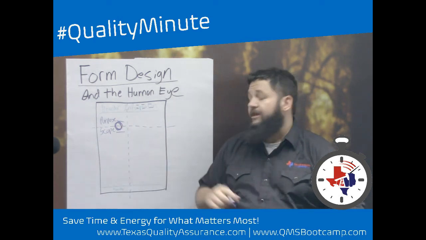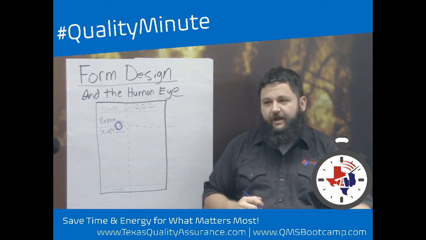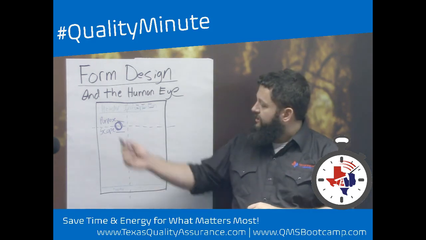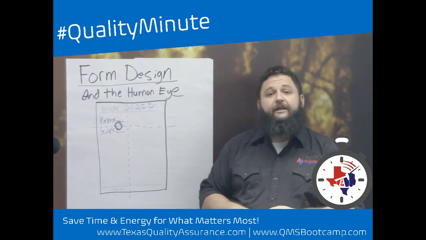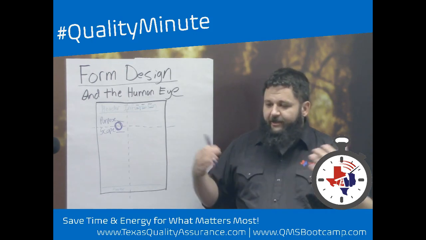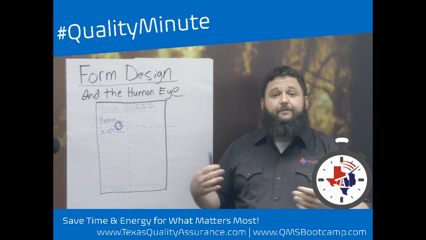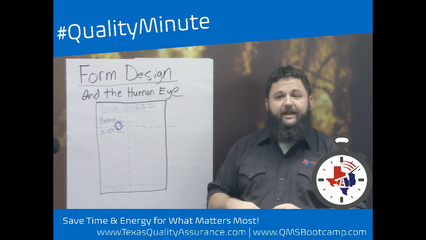So this ensures that when someone pulls up a document, immediately, without thought, they will focus directly on the purpose statement and the scope of the document, saving tons of time and tons of energy so that folks can simply get back to doing the work that they set out to do.